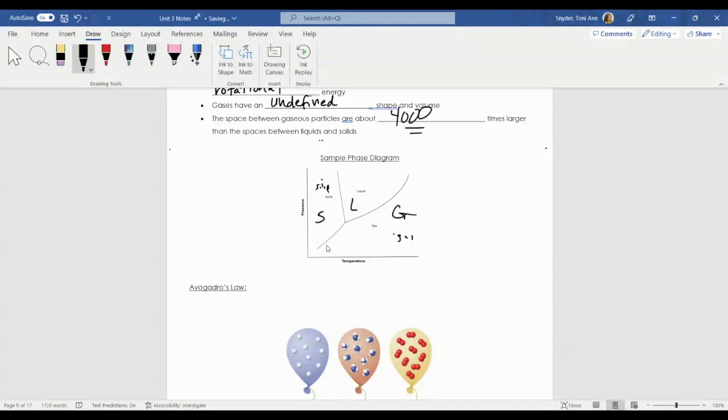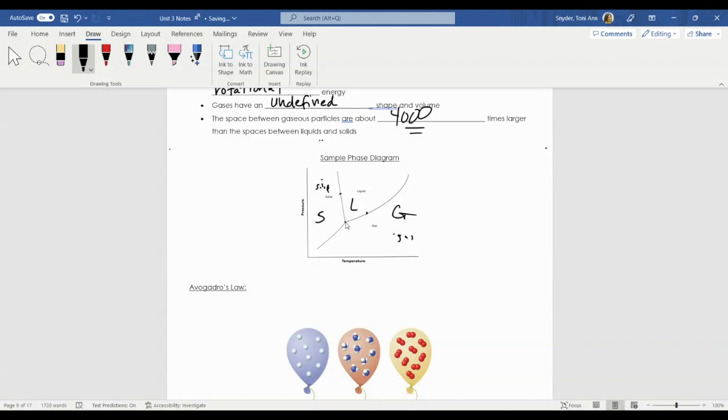Anywhere along each of these lines, we can also have two states of matter that coexist in equilibrium. If I happen to be right on this portion, at whatever that particular pressure and temperature will be, I would have both a solid and a liquid that coexist. Here, at those conditions of pressure and temperature, I would have a liquid and a gas that coexist.